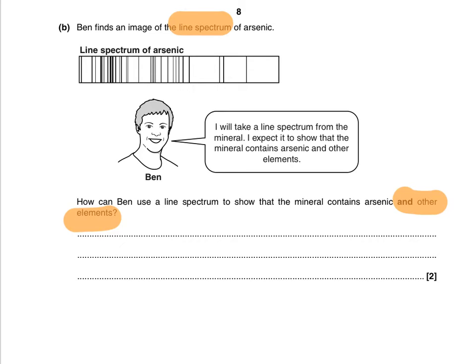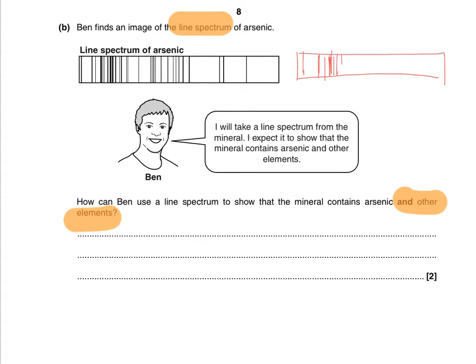So, if that's arsenic, what we'd expect to see if you take your spectrum of this mineral is, if it contains arsenic, lines in the same place.